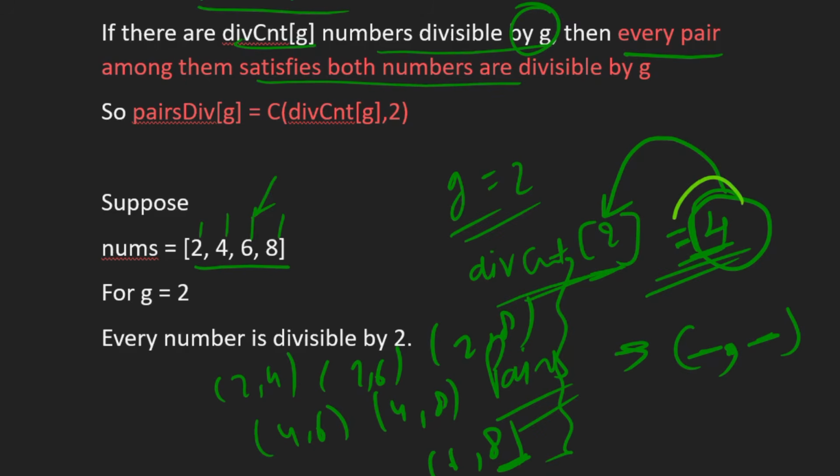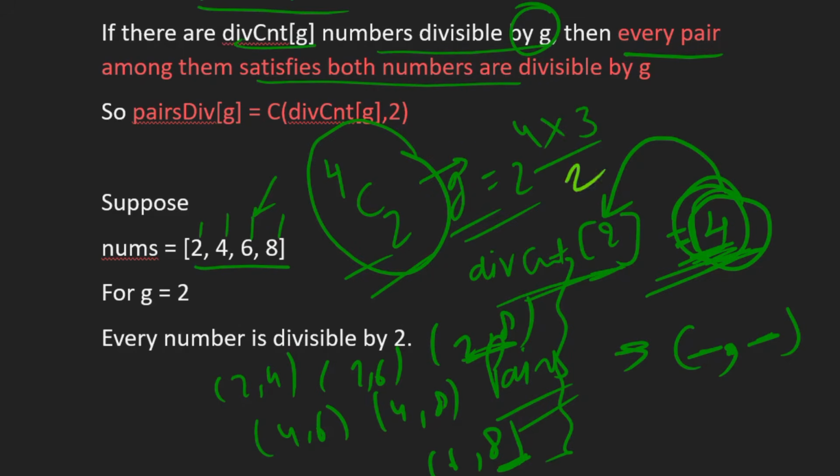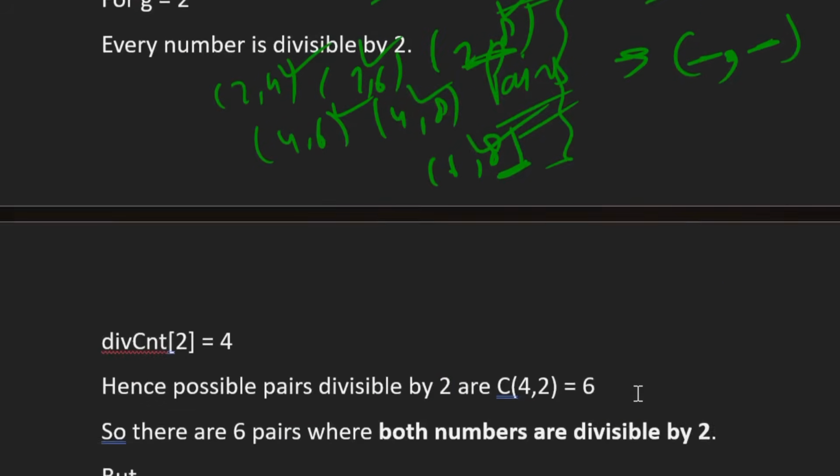Here we have four numbers divisible by 2, and we are taking both numbers from those four only. So the number of pairs will be 4C2, which is 4 into 3 by 2, that is 6. And here we can see we have 6 pairs: 1, 2, 3, 4, 5, 6.